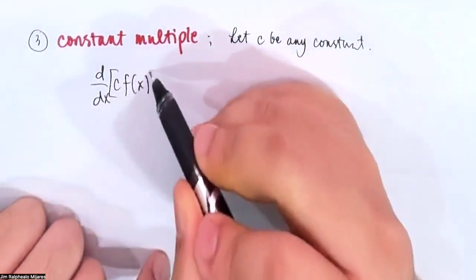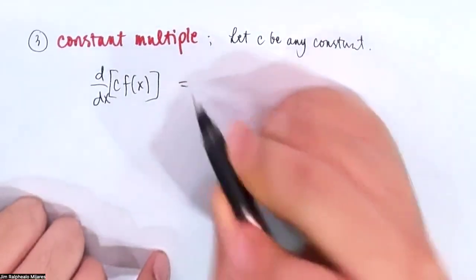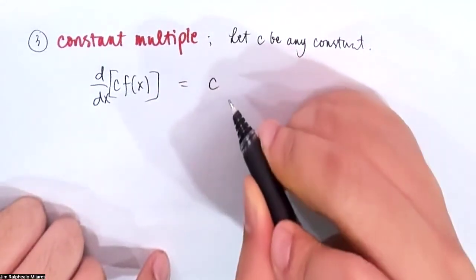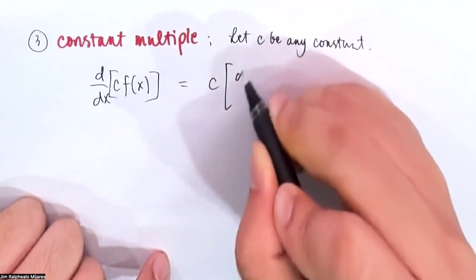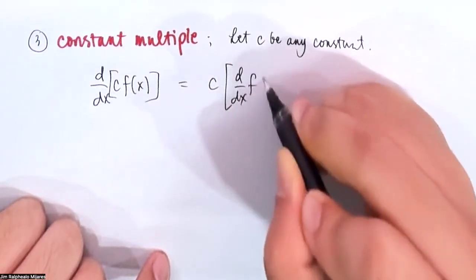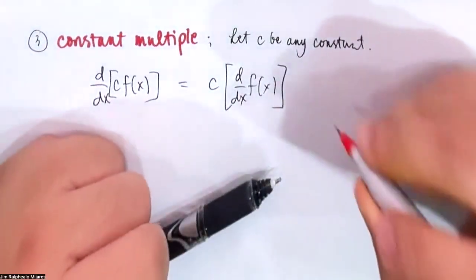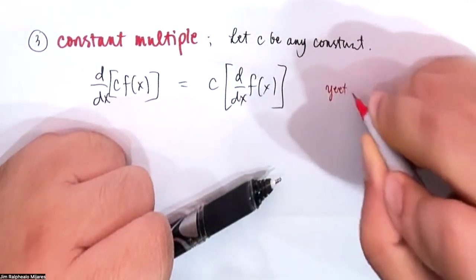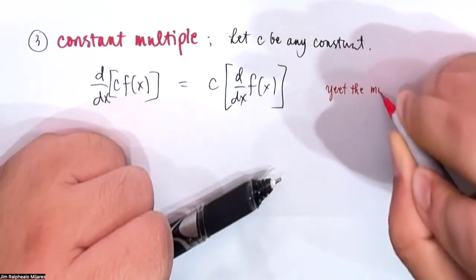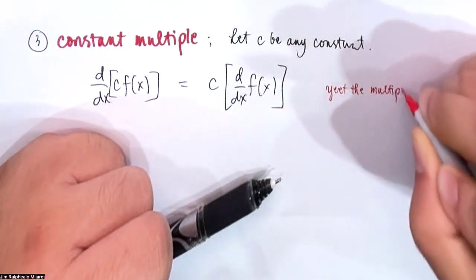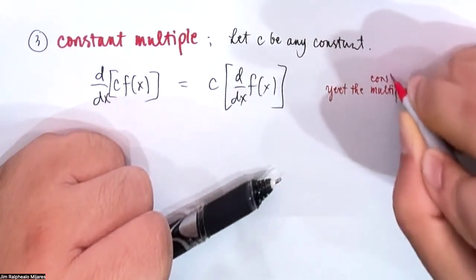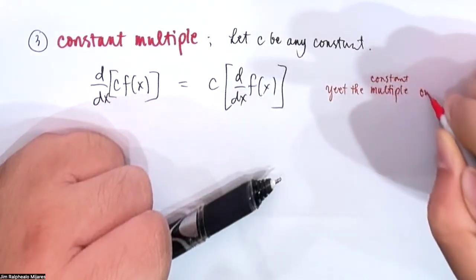So the derivative of C times f of x is just equal to C times the derivative of f of x. Meaning, you can eat the multiple, the constant multiple outside.